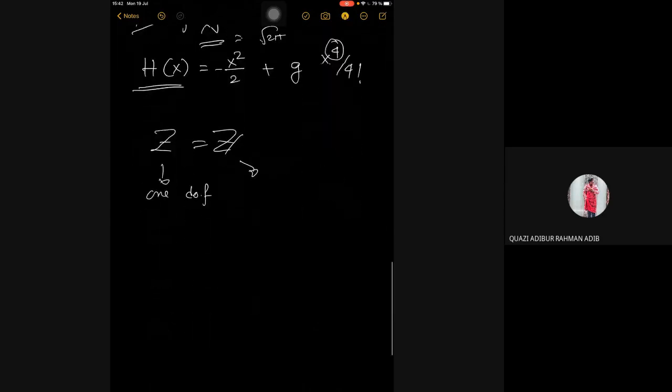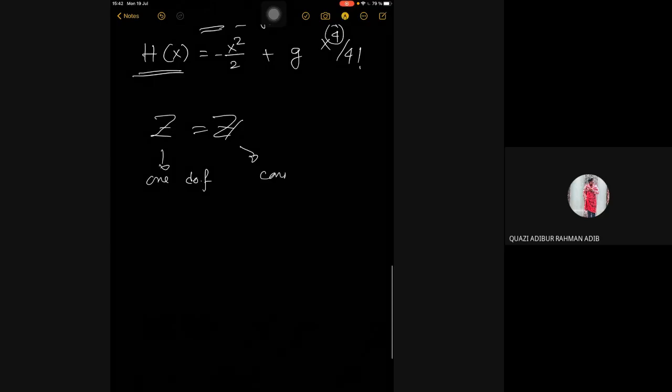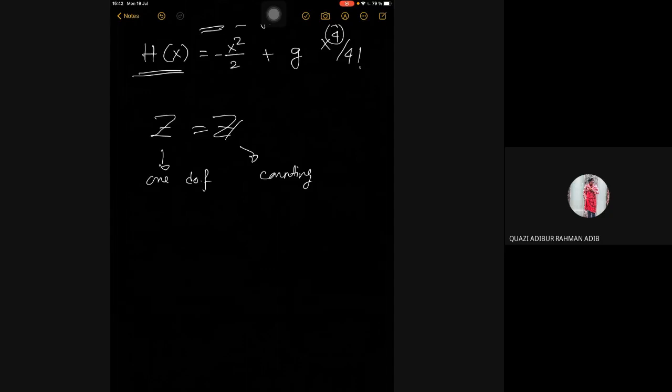And my counting graph partition function, they're the same. That is, I can generate my graphs using this 1 degree of freedom partition function. We checked it at the 0th order, it's true. And we saw for higher orders that this duality holds.